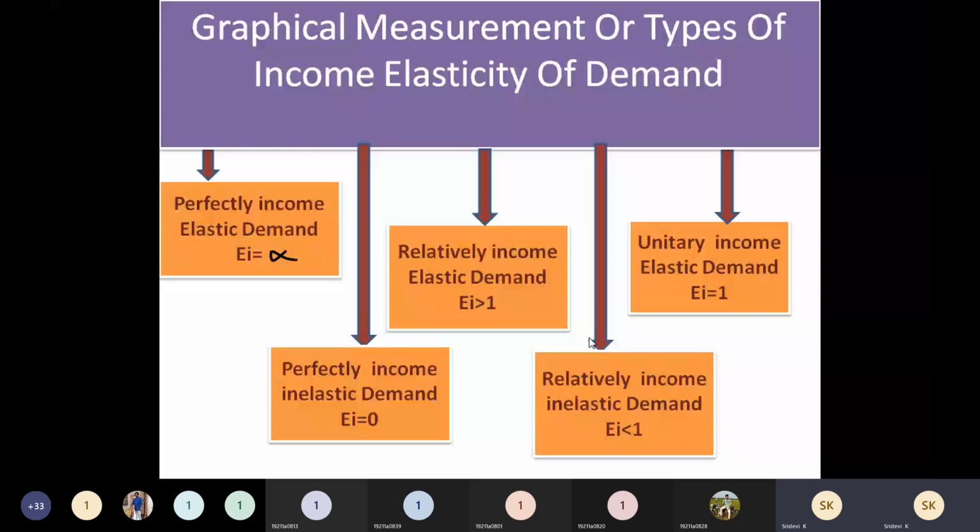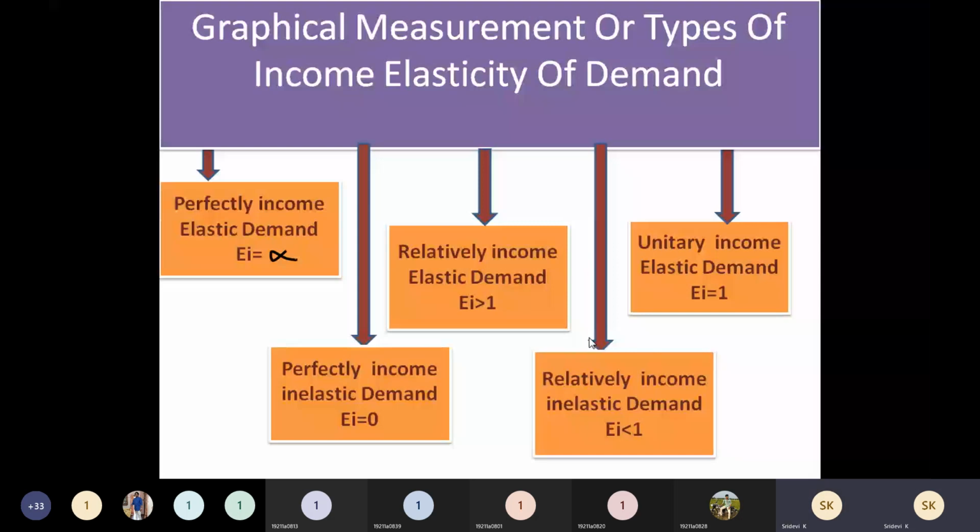Same graphs also, it will be the same. I will explain only one because we have already discussed it. In the same manner, you replace the other 4 types. So in perfectly income elastic demand, you are going to say that the demand for the product X will change even though there is no change in the income of the consumer.